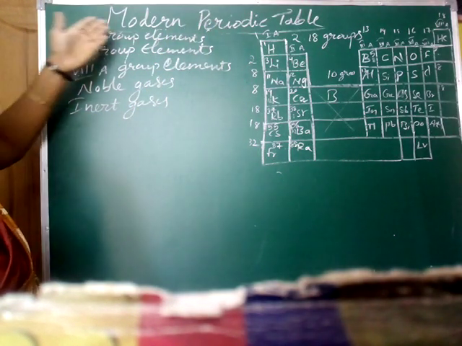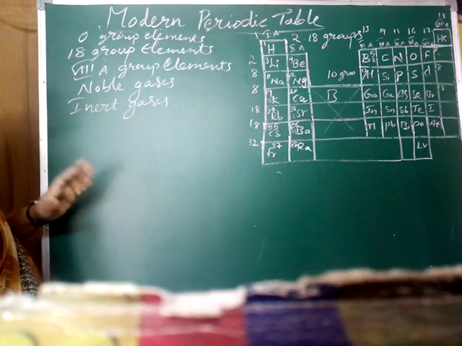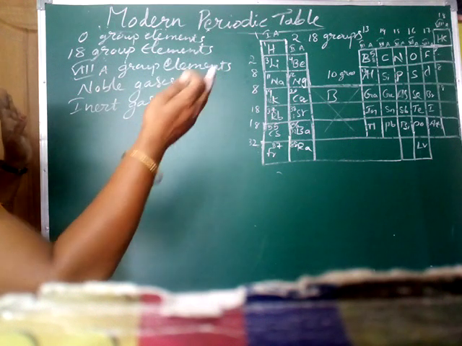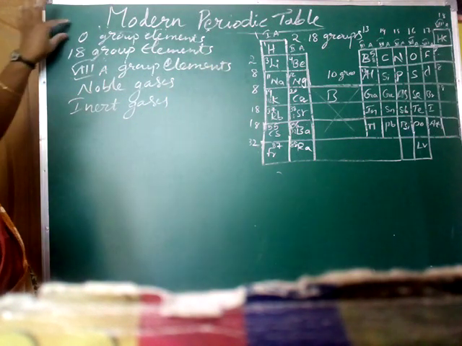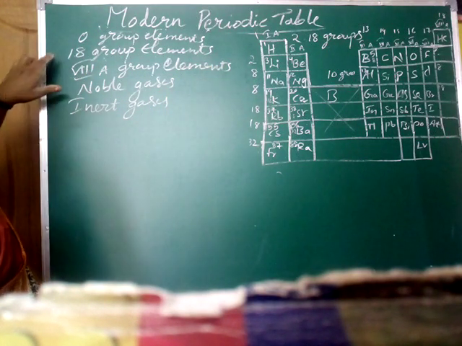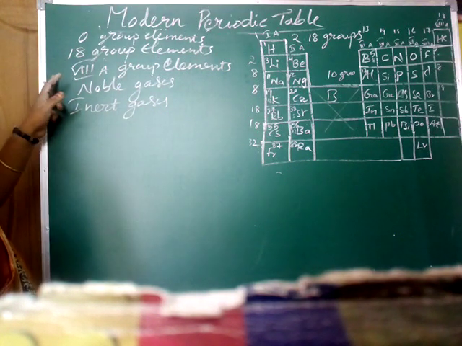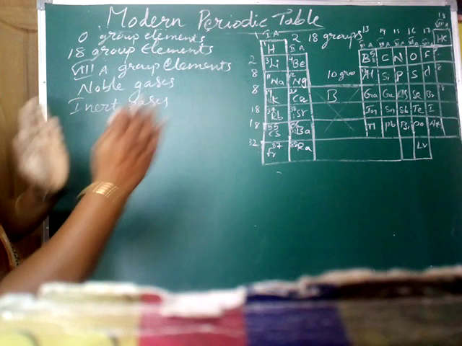Why? Madam, they are called 0 group elements because reactivity is 0. There is no reactivity for these 8th A group elements, that's why they are called 0 group. They are 18th group elements because in order we get 18, and 8th A group because it is the last A group.